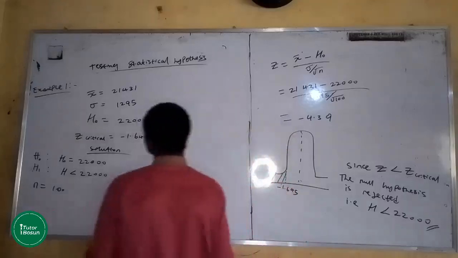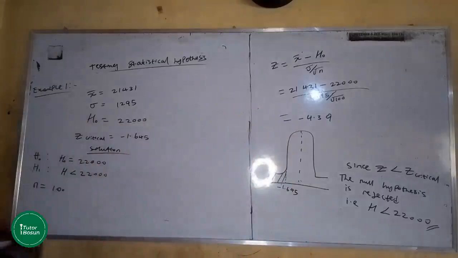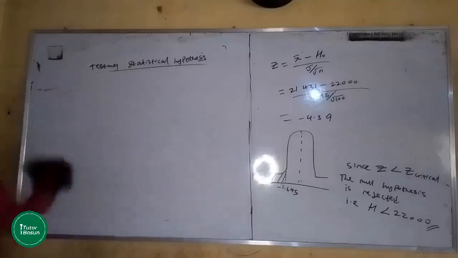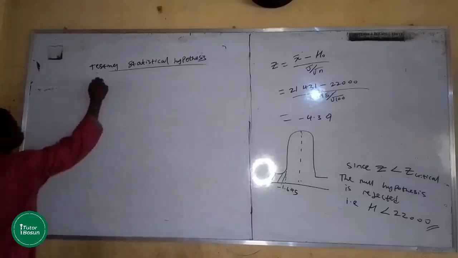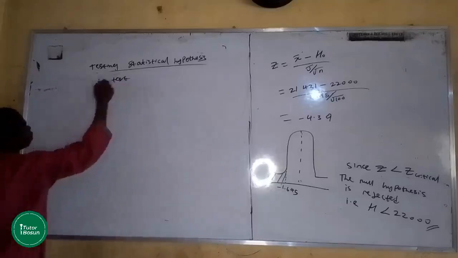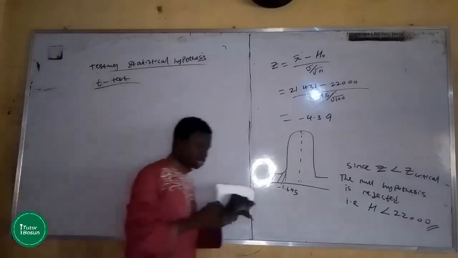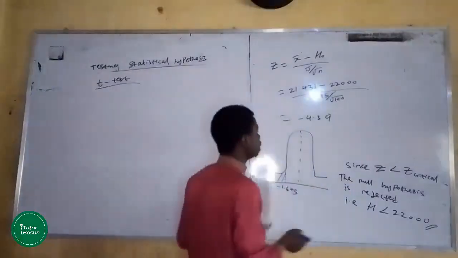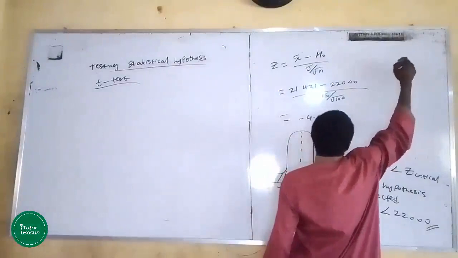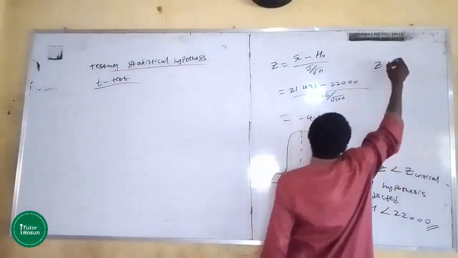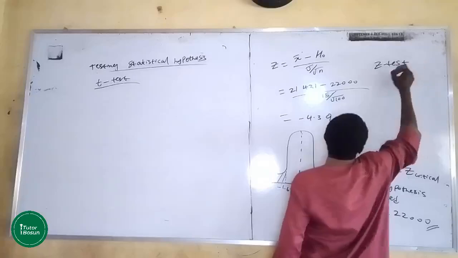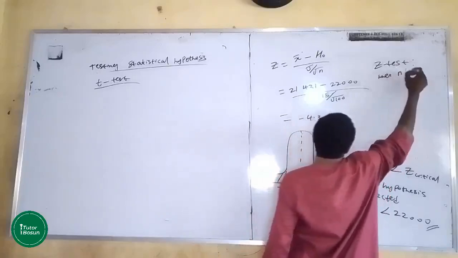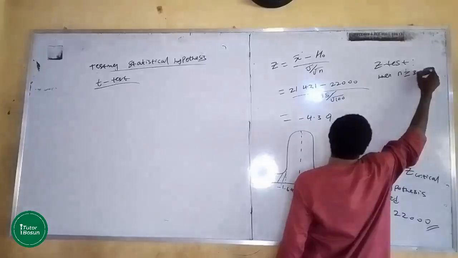So moving to the next example, the next test, which is your t-test. Moving to the next example, which is our t-test. And mind you, we make use of z-test when n is greater than or equal to 30.